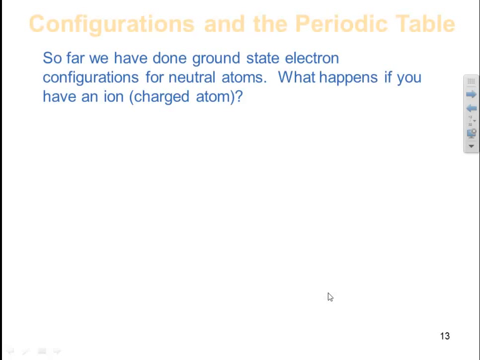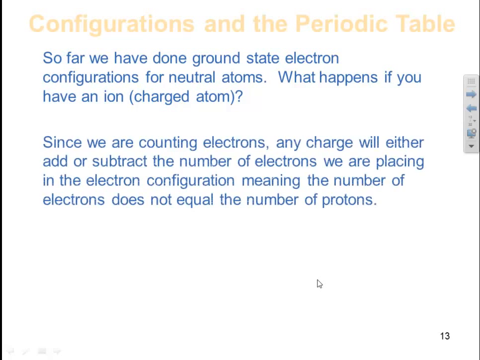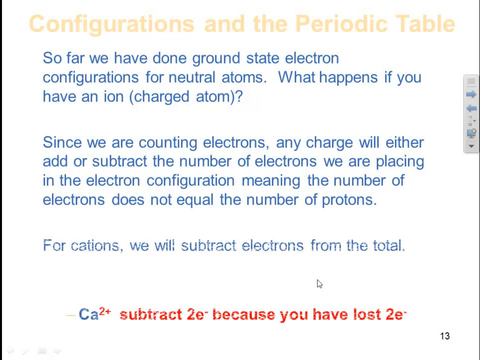So far we have done ground state electron configurations for neutral atoms. What happens if you have an ion or a charged atom? Since we are counting electrons, any charge will either add or subtract the number of electrons we are placing in the electron configuration, meaning the number of electrons does not equal the number of protons. For cations, we will subtract electrons from the total.